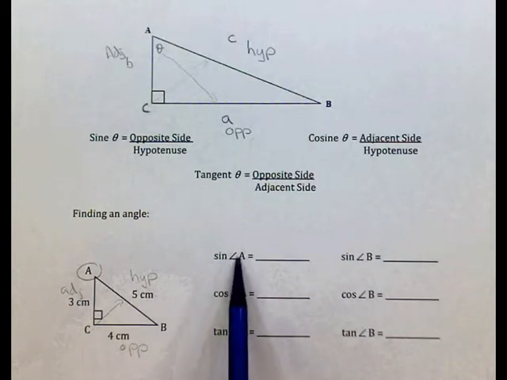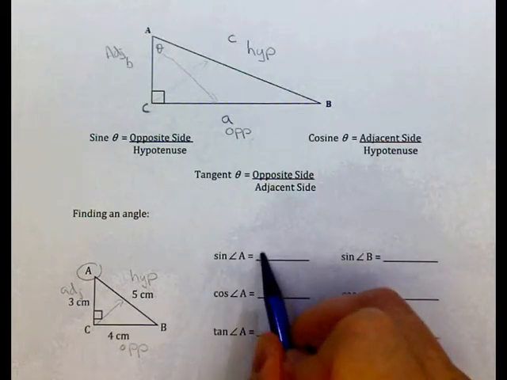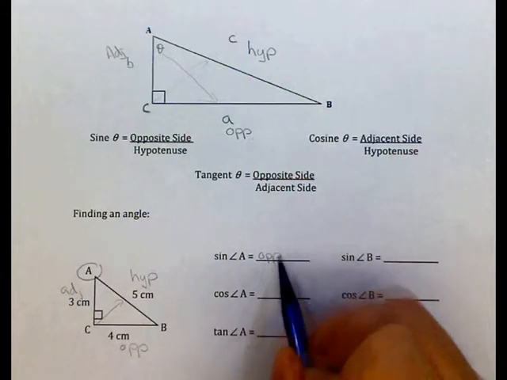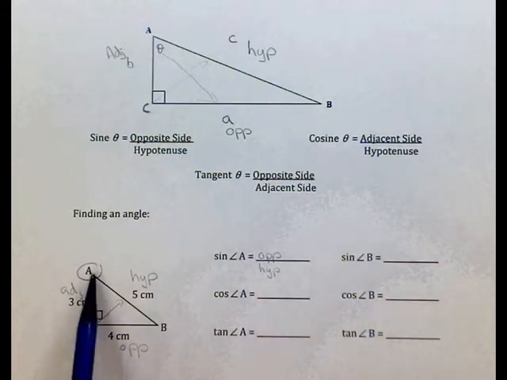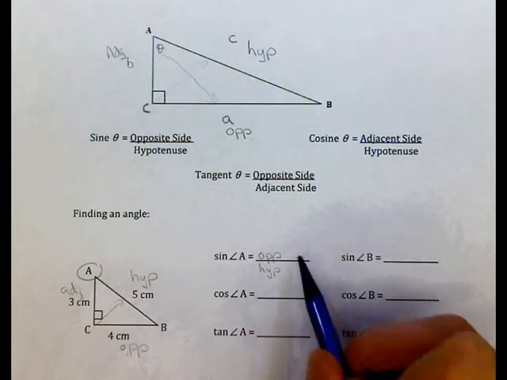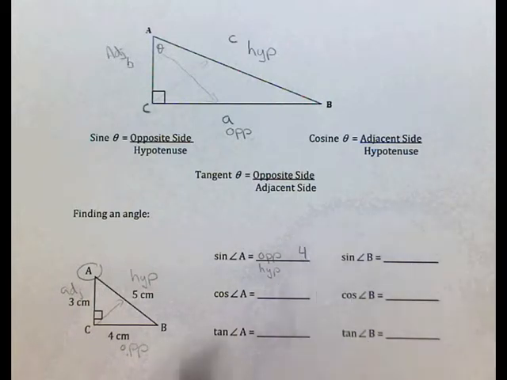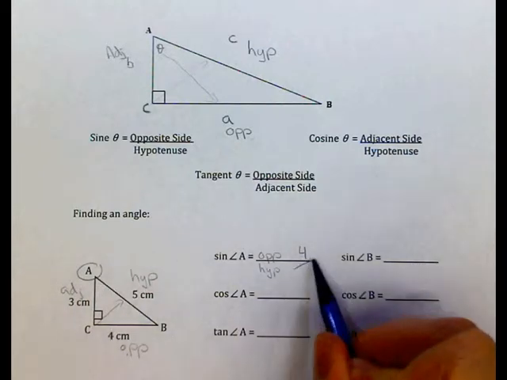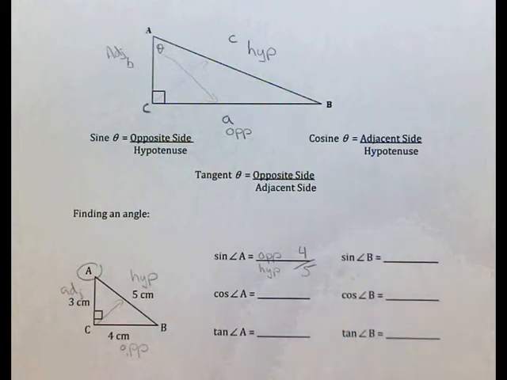So sine of angle A. Sine is the opposite over hypotenuse. Well, what's my opposite side? My opposite is 4. My hypotenuse is 5. So the sine of angle A is 4 over 5.